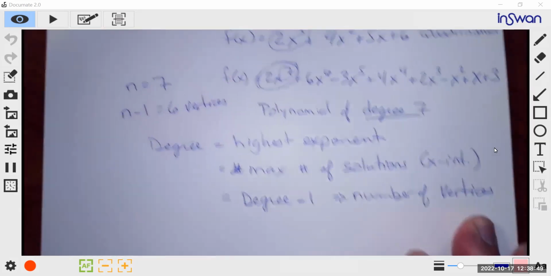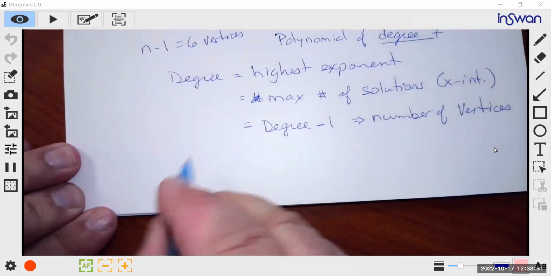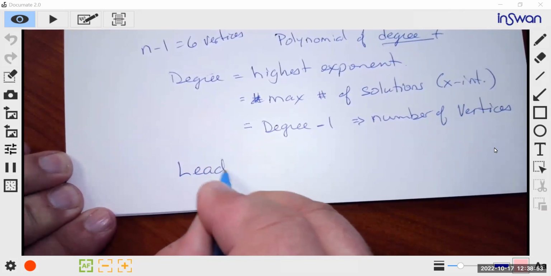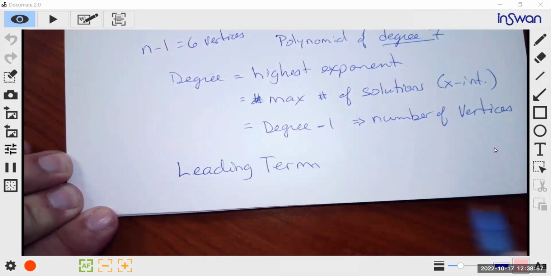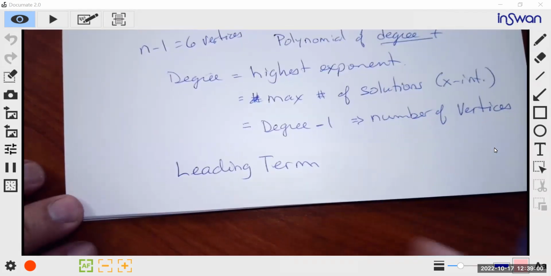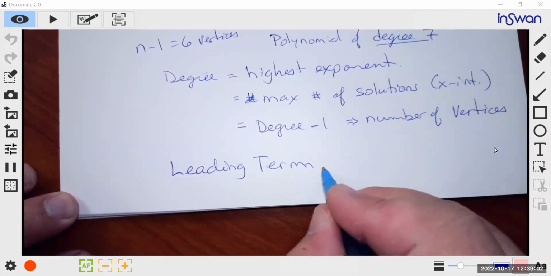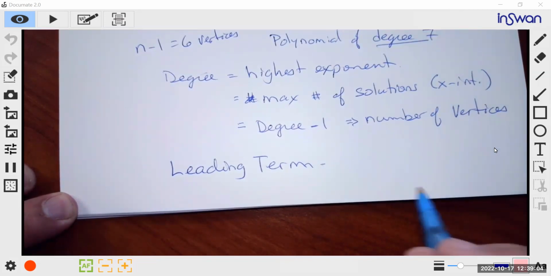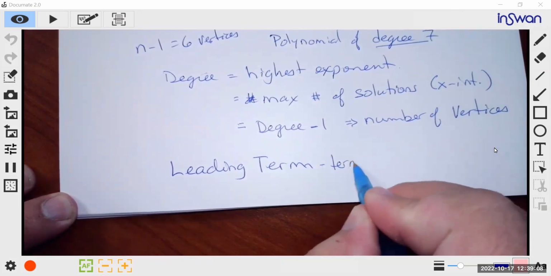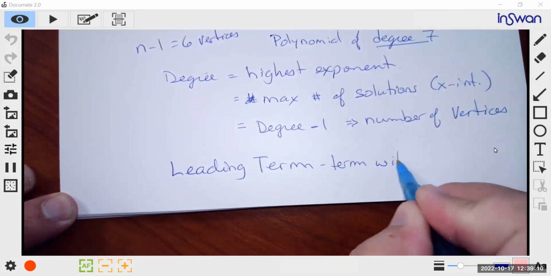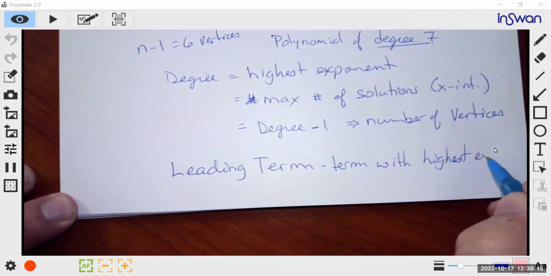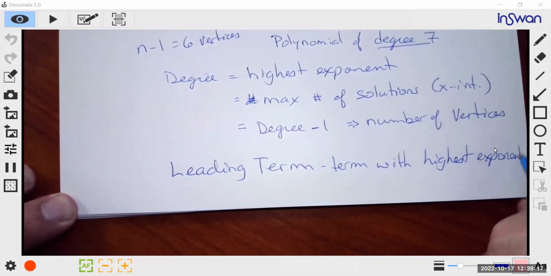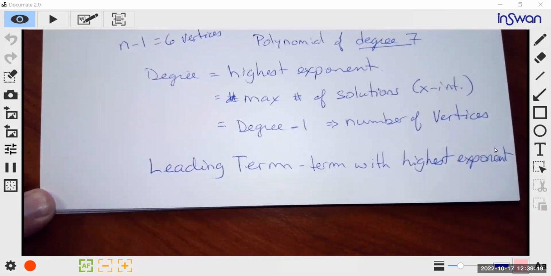So that's called the leading term. It's the term with the highest exponent.